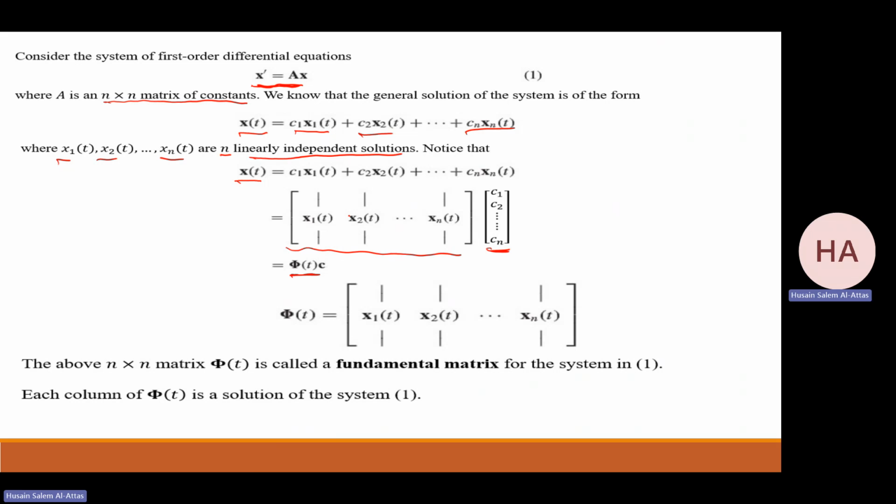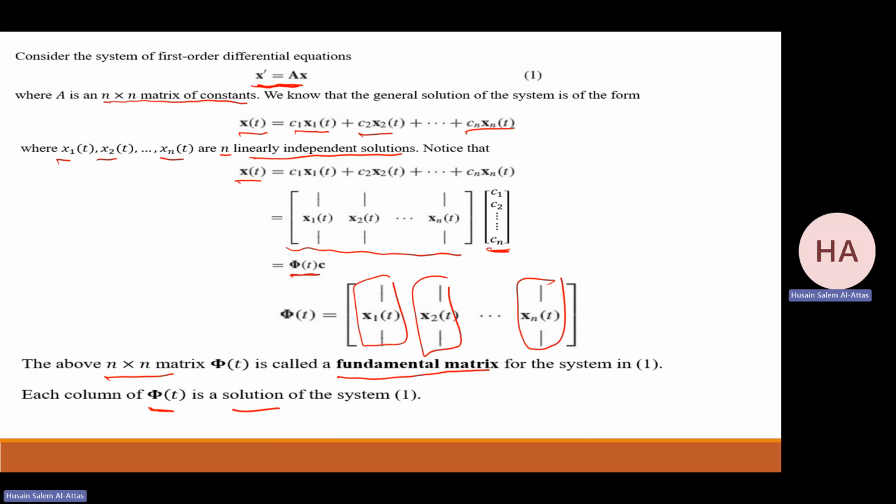What is phi of t? These are just the solutions: first solution, second solution, and so on. We call phi of t a fundamental matrix for the system. By the way, don't forget each column of phi of t is a solution of the system.